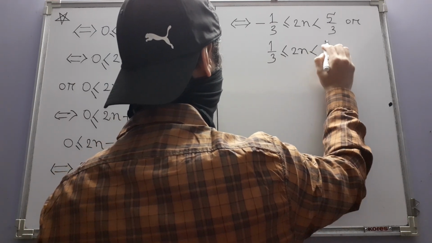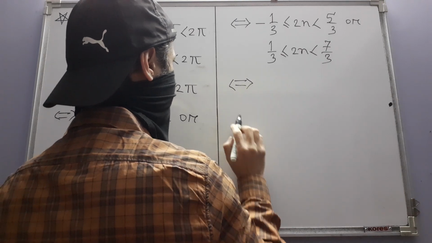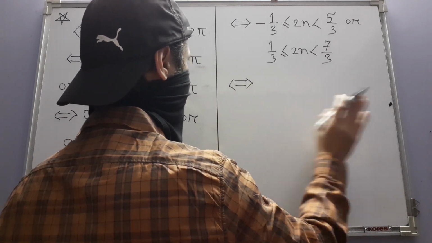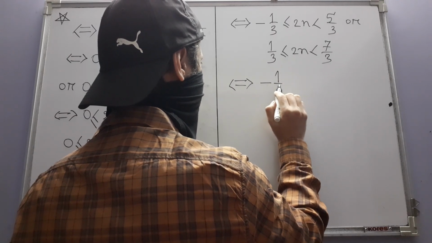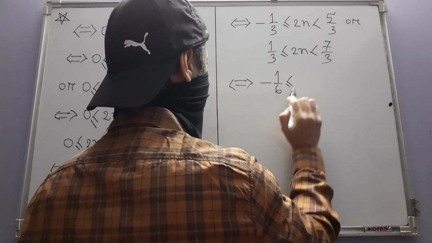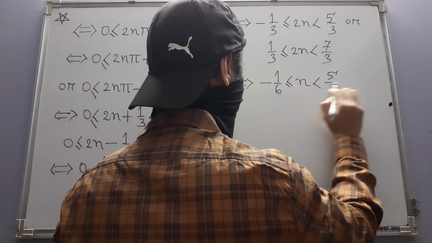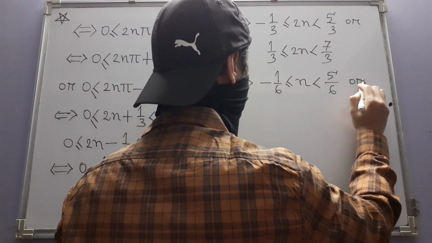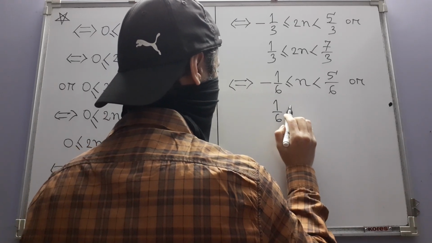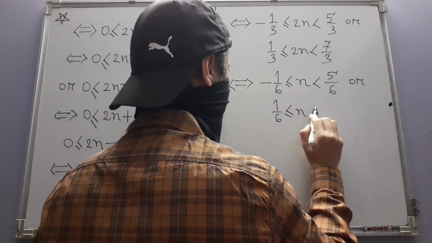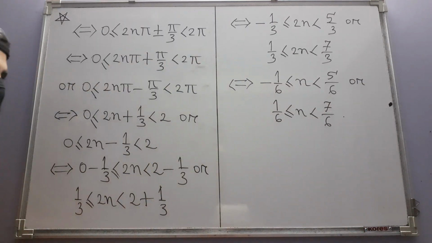Less than 7 over 3, not equal to. But we want n, so now we divide throughout by 2. That gives us minus 1 over 6 less than or equal to n less than 5 over 6, or here also 1 over 6 less than or equal to n less than or equal to 7 over 6.